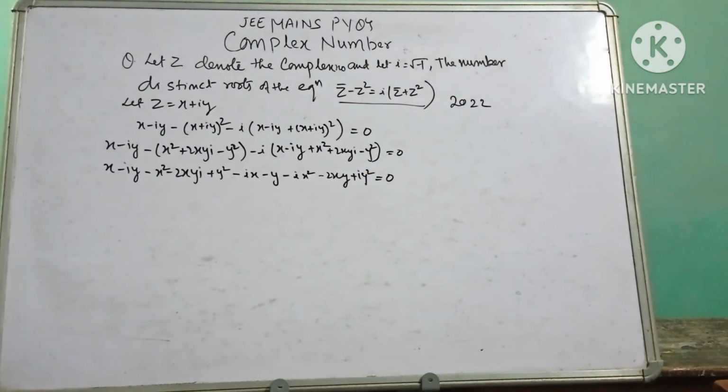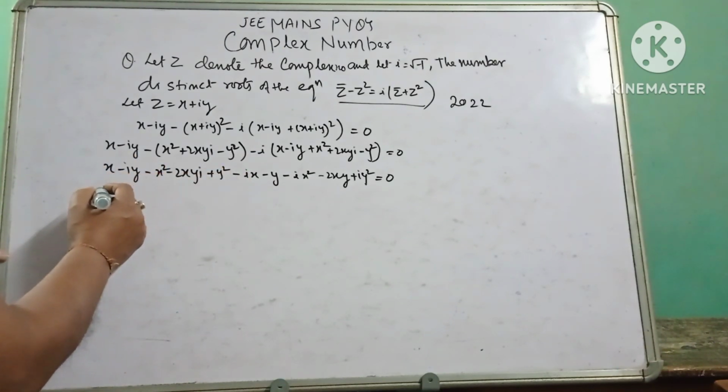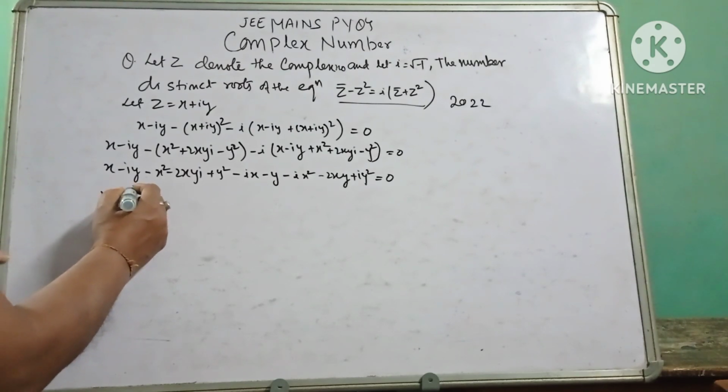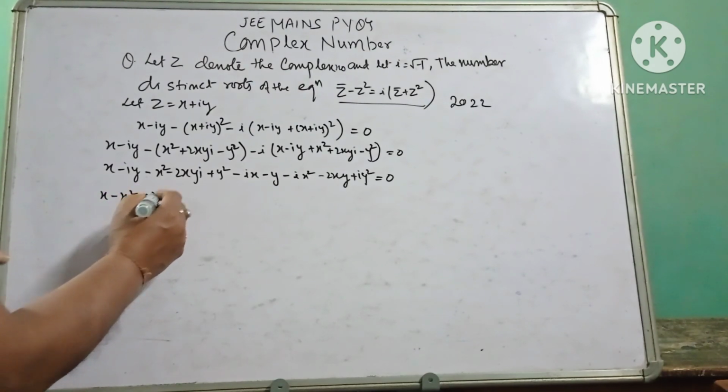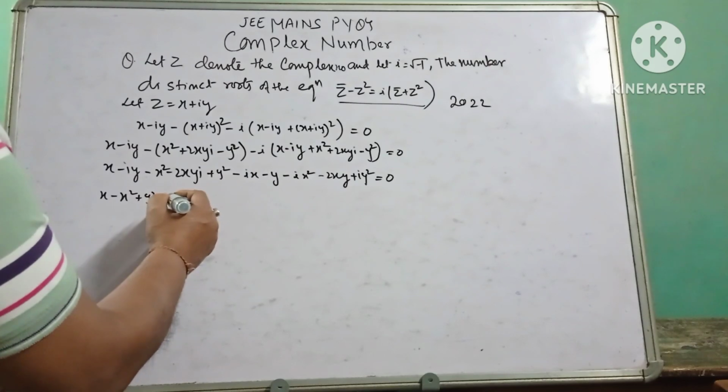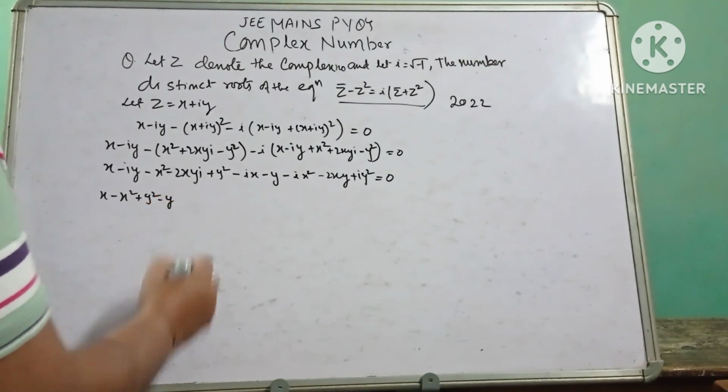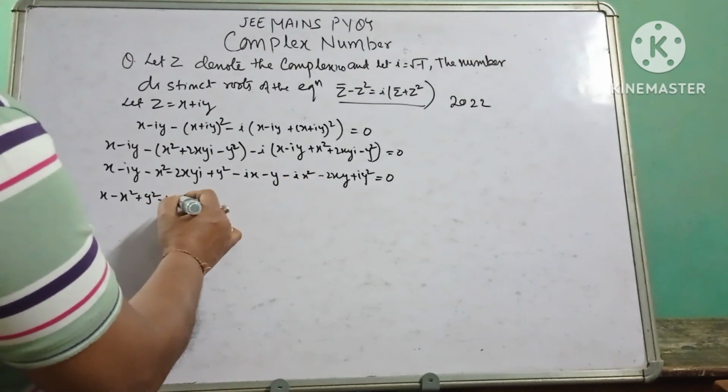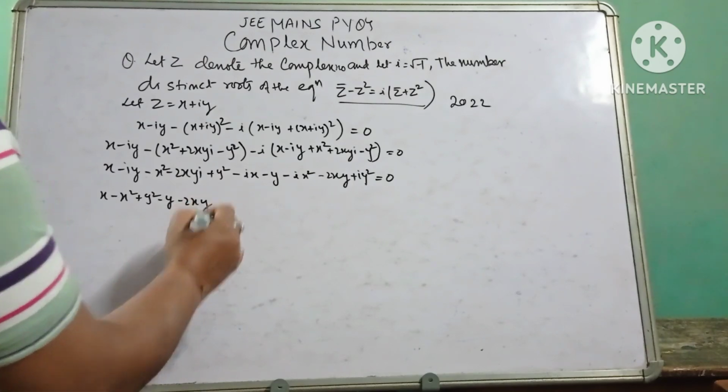Now what I am going to do here is separate the real part and the imaginary part. So your real part is x minus x square plus y square, again minus y minus 2xy.